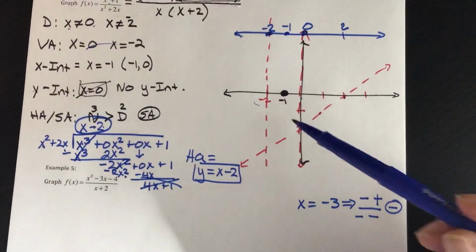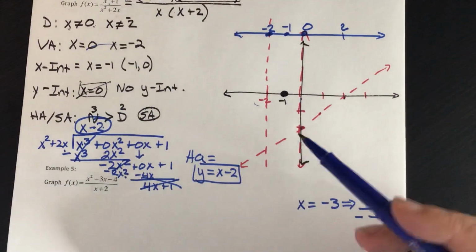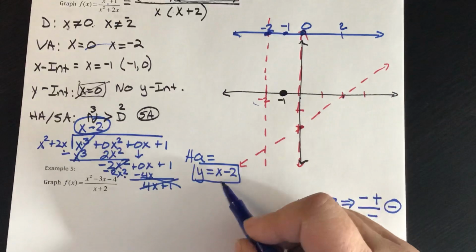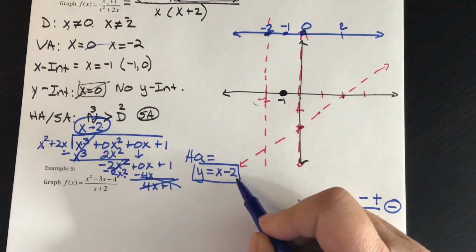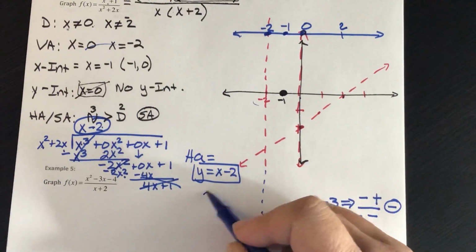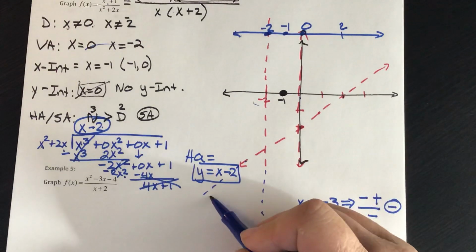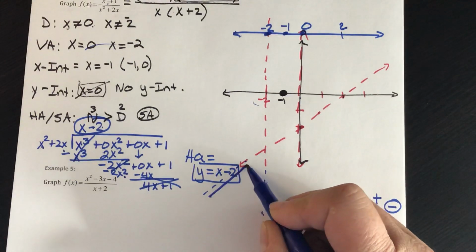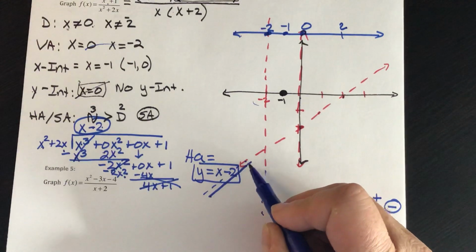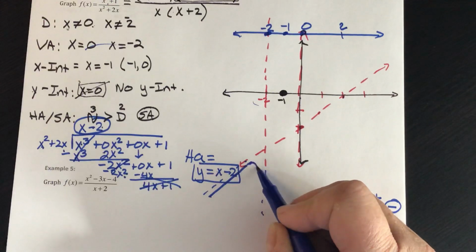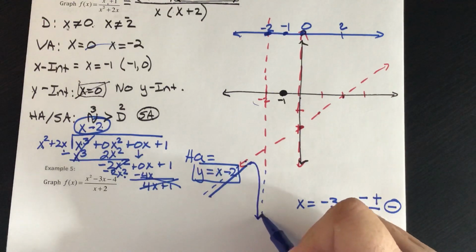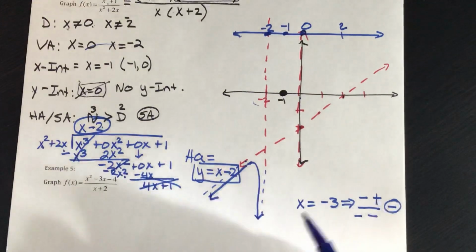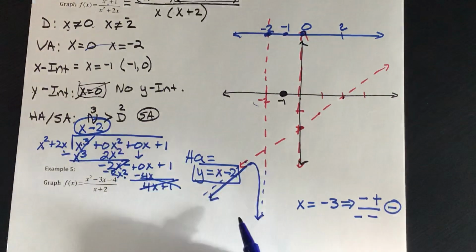So to assure that all of these values are negative, my graph is going to approach my slant asymptote and kind of turn down this way. Okay, all of these values have to be negative.